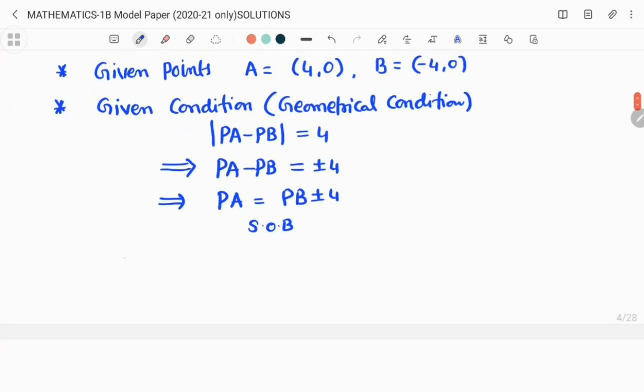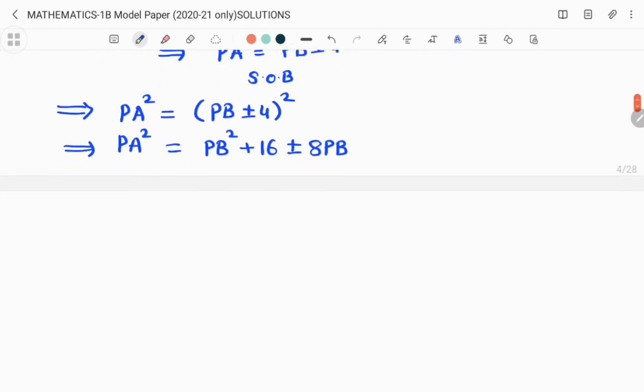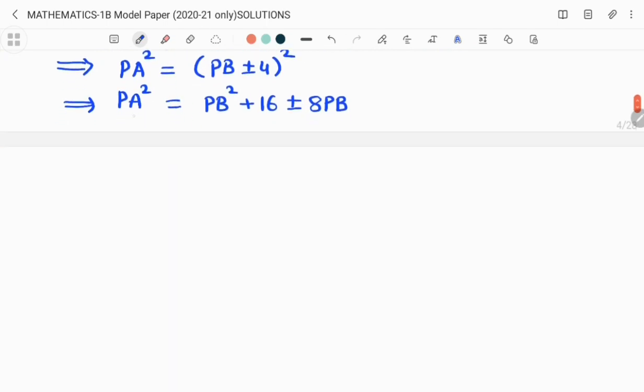So PA square is equal to PB square plus 4 whole square, 16, plus or minus 2 into PB into 4, so 8 PB.